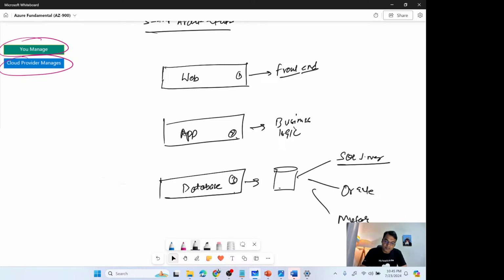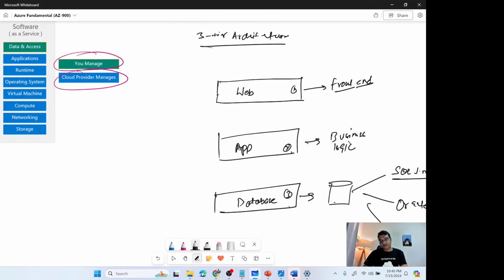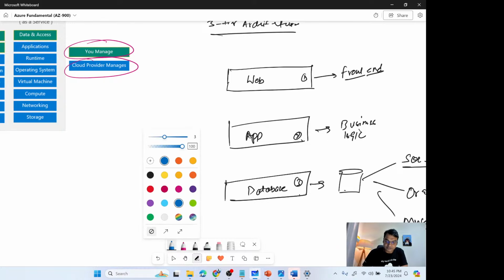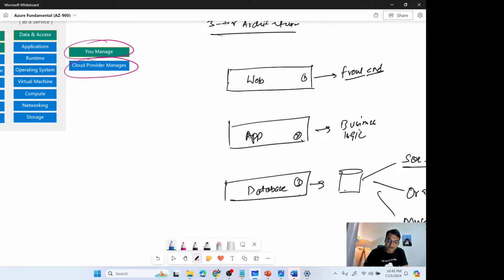Now imagine if I were to do IaaS, how would I architect that website of Bella into the three-tier architecture? What I would do is I would do it in this manner. One machine and another machine, another virtual machine, right?